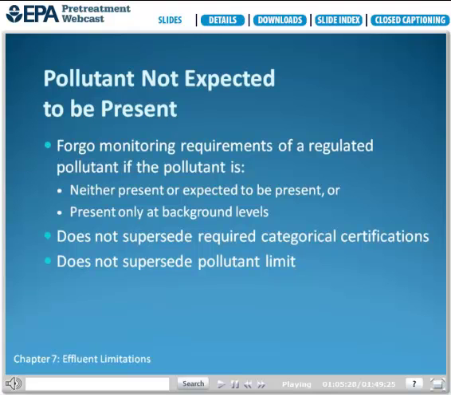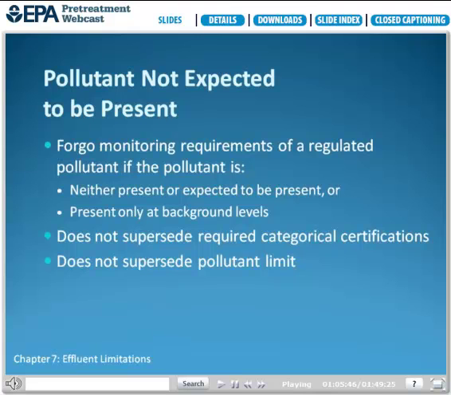That doesn't mean that the user can use this provision if they never found a detectable amount. It depends on if the pollutant has a reasonable potential to be present in the discharge.